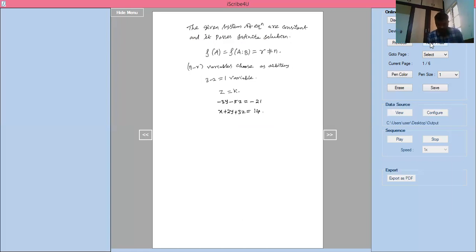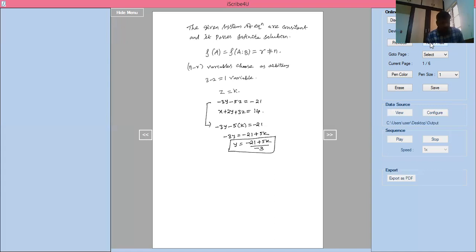Now in this equation I will put, minus 3y minus 5 into z, which is 5k, equal to minus 21. Minus 3y equal to minus 21 plus 5k, y equal to minus 21 plus 5k divided by minus 3. This is the value of y.